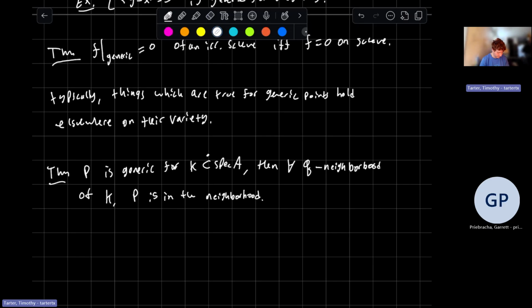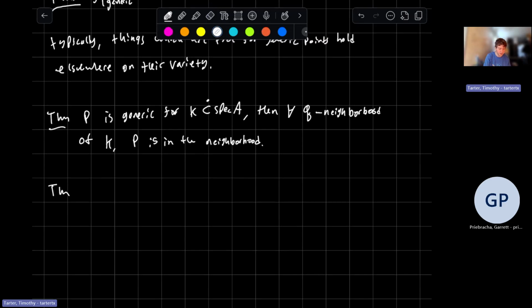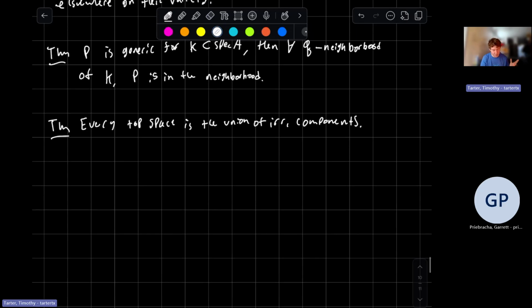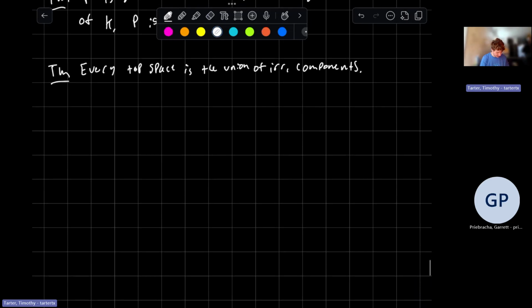And so the thrust of this is the theorem that every topological space is the union of irreducible components. All of this is just our Hartshorne chapter one stuff.